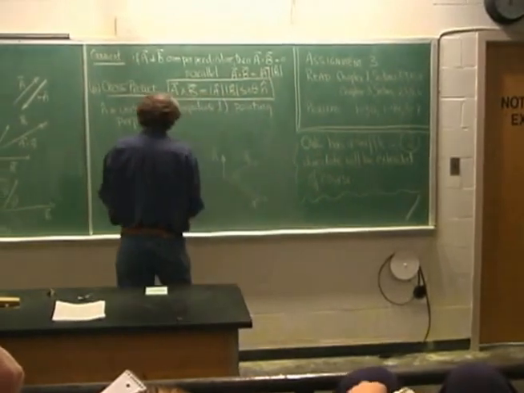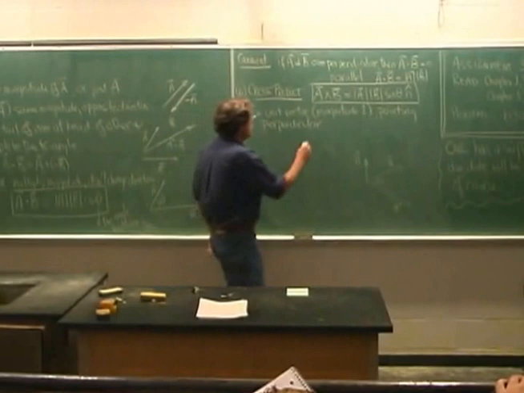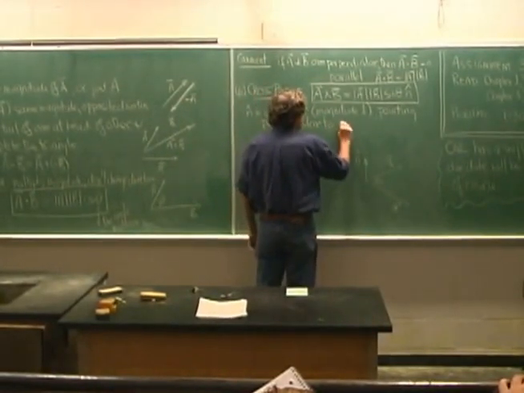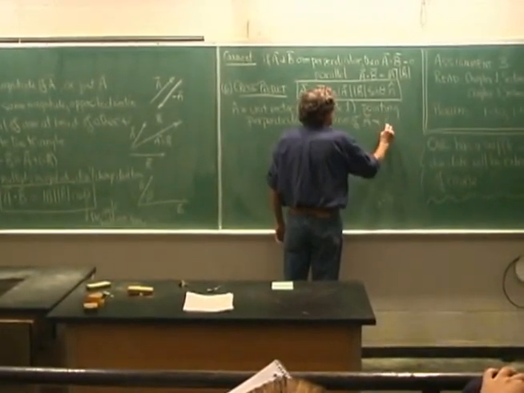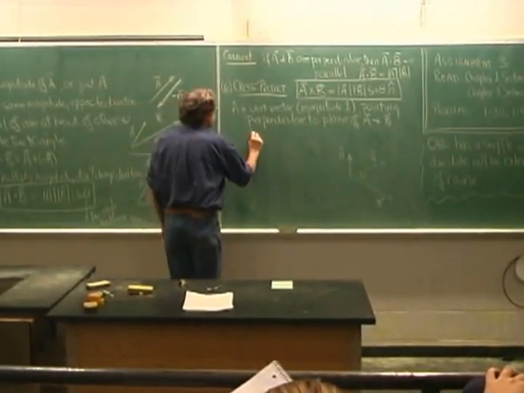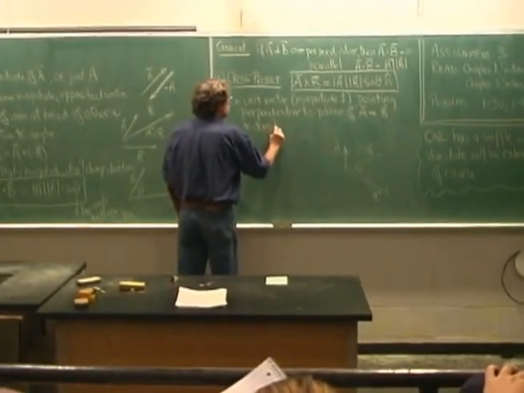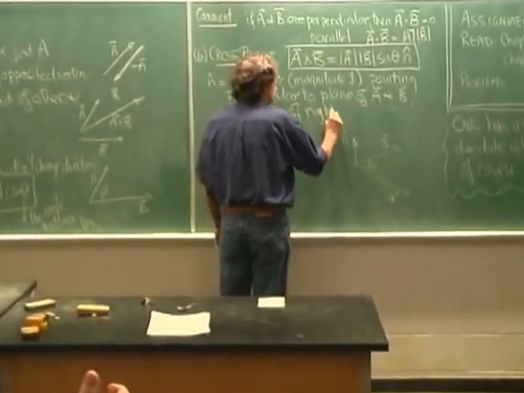It's a mouthful, but let's see if I can write it down. Unit vector, magnitude 1, pointing perpendicular to the plane of A and B in the direction of the right-hand rule.